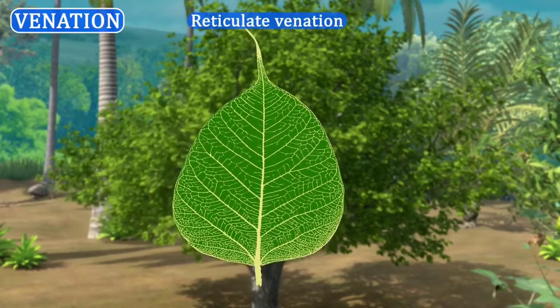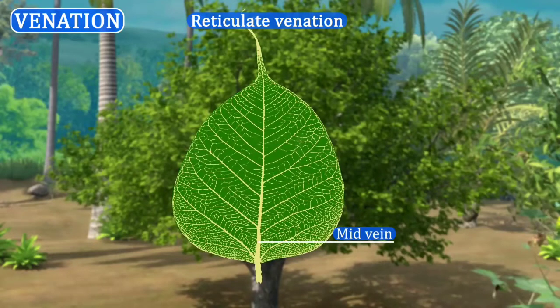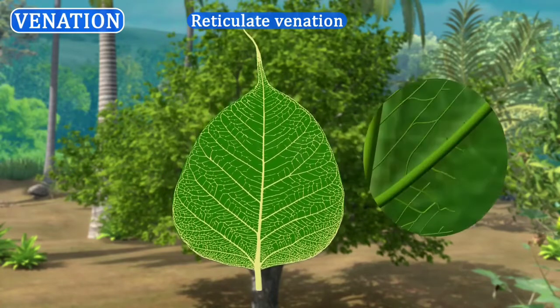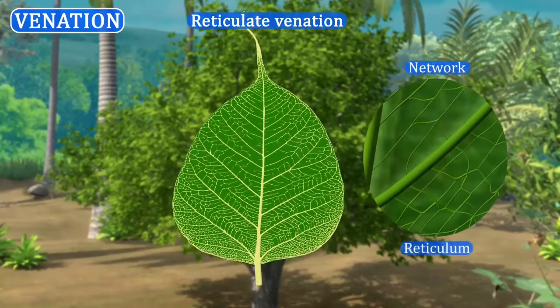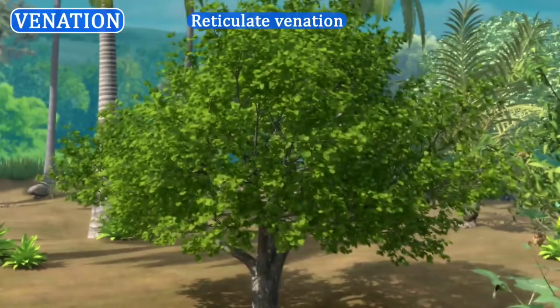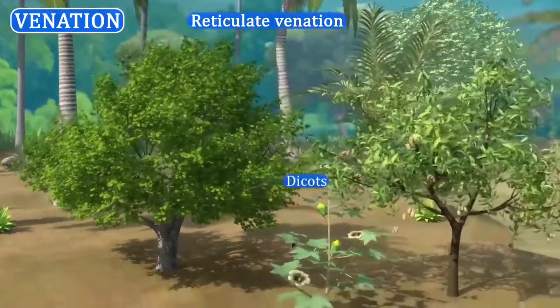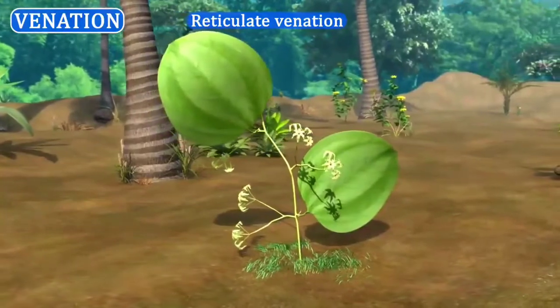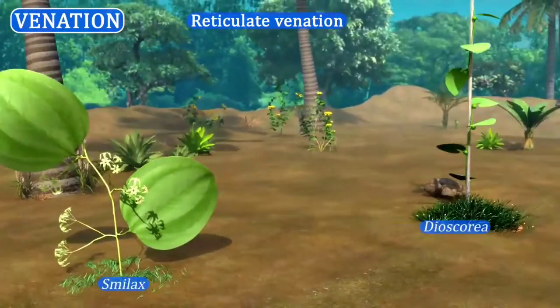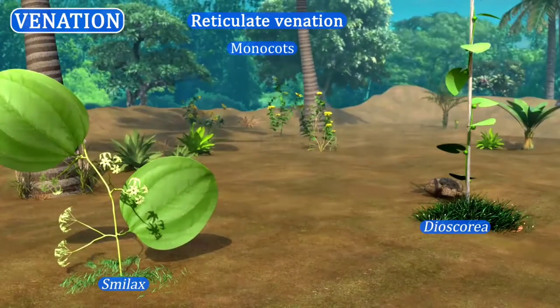Reticulate venation. The midvein produces many lateral veins and veinlets. Veinlets are repeatedly branched and form a network called reticulum. It is observed in dicots. Smilax and Dioscorea are the monocots with reticulate venation.